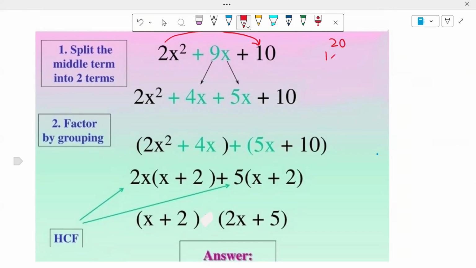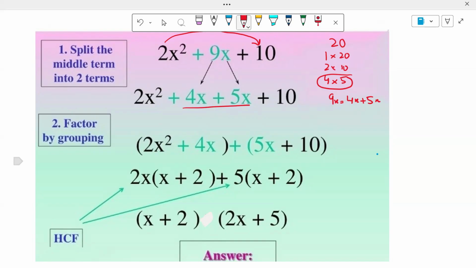Then let's check the paired factors. Now our middle term was 9x. So this is an ideal paired factor: 9x is equal to 4x plus 5x. That's how we get the 4x plus 5x. 9x is split into 4x plus 5x.